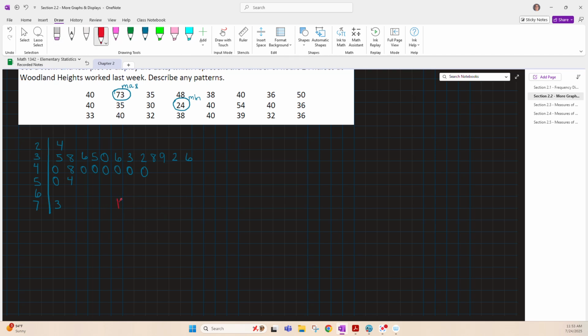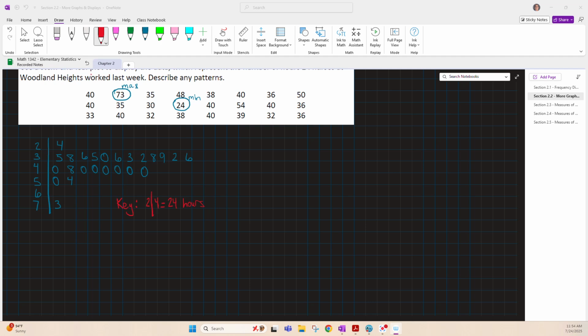So we have to put a key here to say something like 2 | 4 equals 24 hours. That way you're telling the person, hey, this is how you read it. If you do not have a key, if I were to ask you to make one of these on a test and you don't have a key, then guess what? You're going to get points taken off. Make sure to put your key.